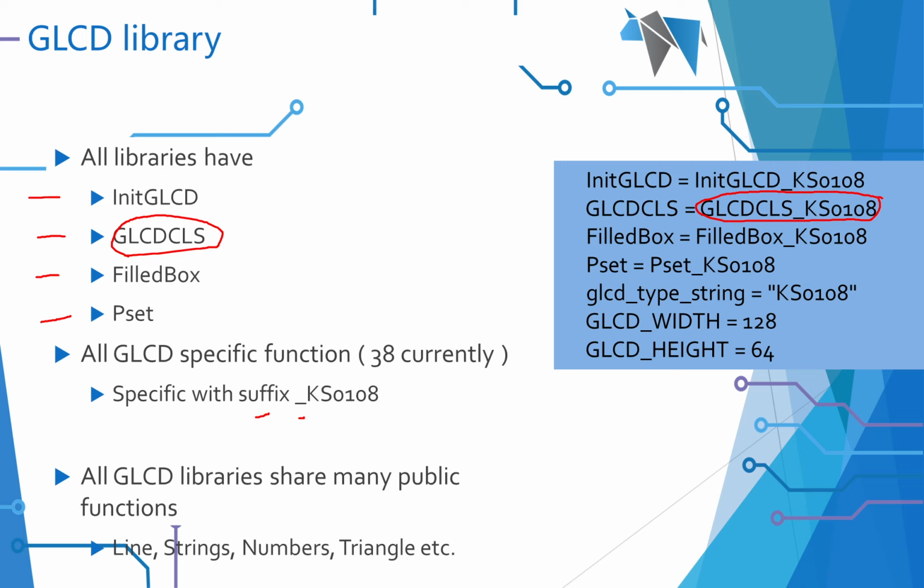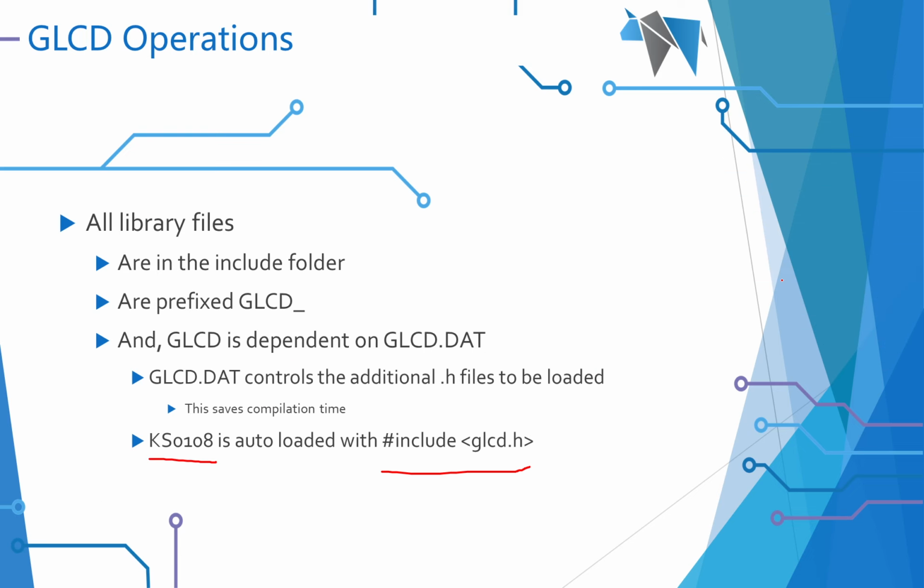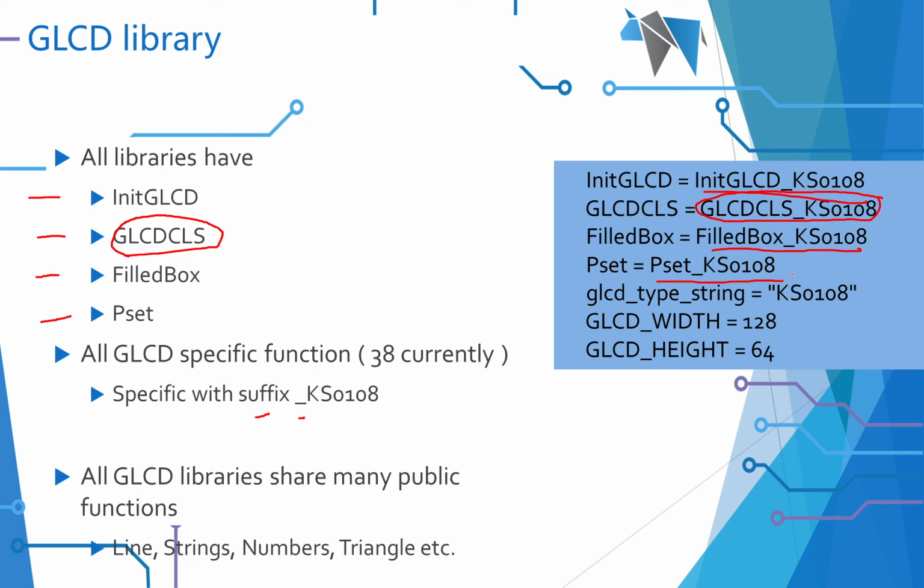And the same for the init GLCD, the same for fill box, and the same for preset. And preset is pixel set, and we'll look at that in a moment. And all this is held within the setup files, so all you have to do is include the statement, include glcd.h, and all this happens automatically.